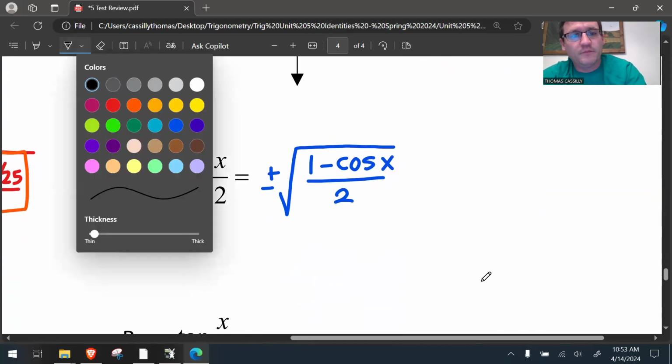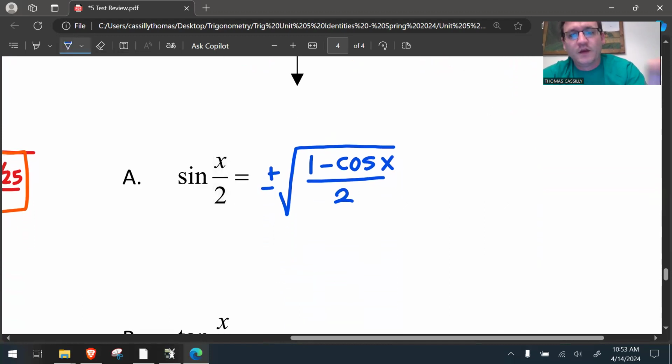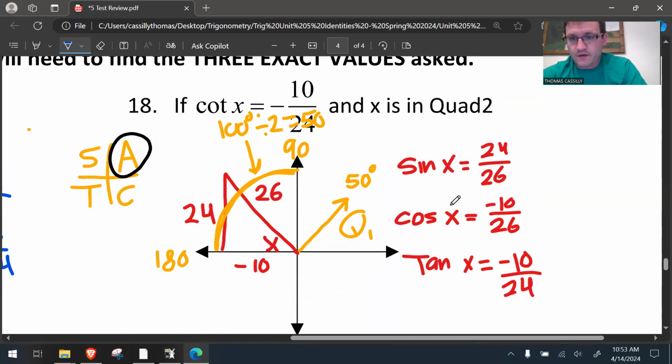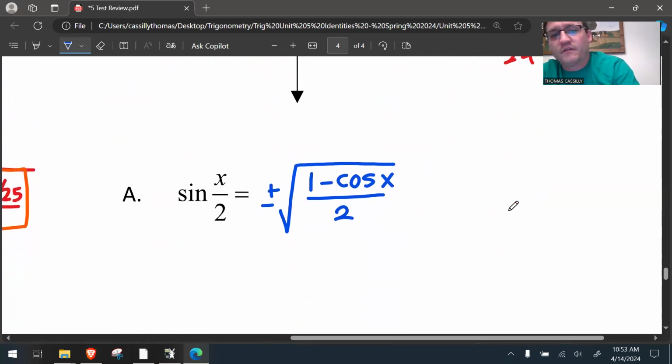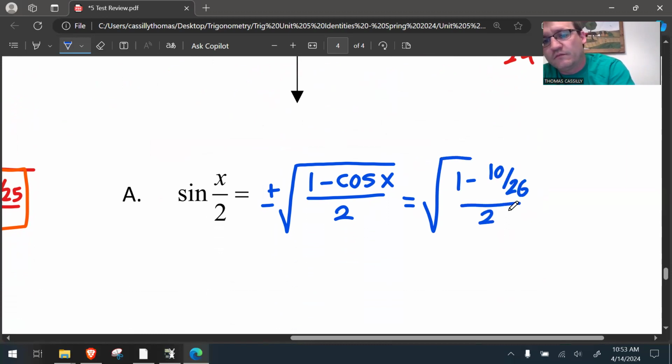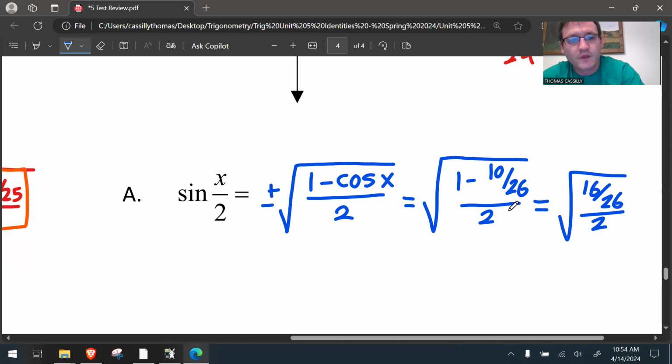So let's just plug it all in. The cosine of x is negative 10/26. So this is the square root of 1 minus (negative 10/26), all over 2. That gives us square root of 16/26 all over 2.